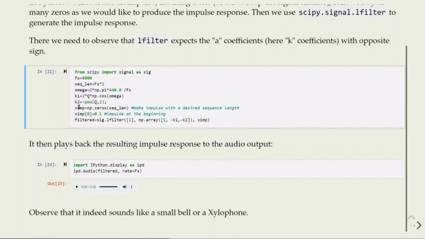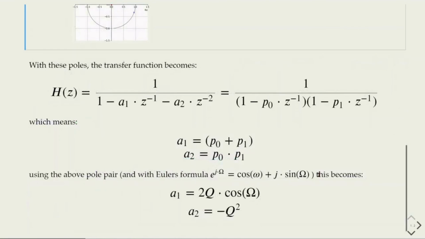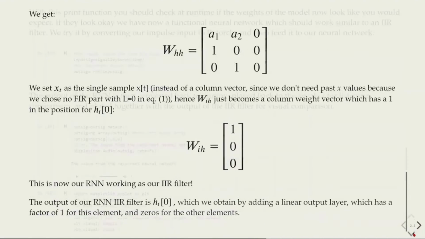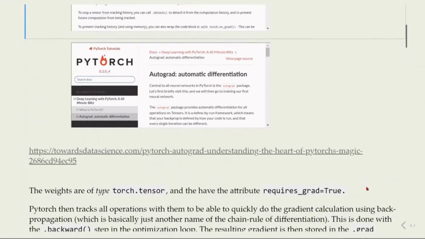Here we have our impulse, then we have our filter structure given by the equation here, where we have these A coefficients we are calling k, going through it once more, and this function will be the target now.